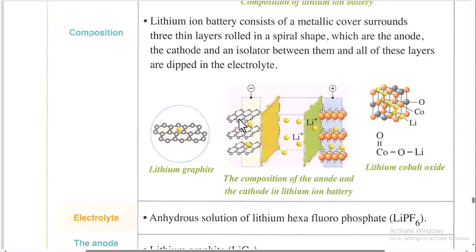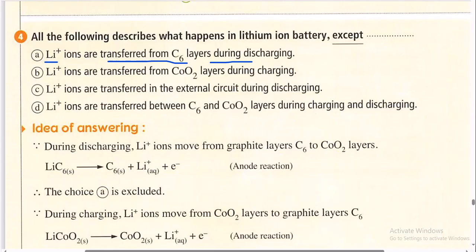So lithium ion really leaves the anode, or graphite, during discharging, and this is correct. So it is excluded, because it is correct and the question asked about the exception.